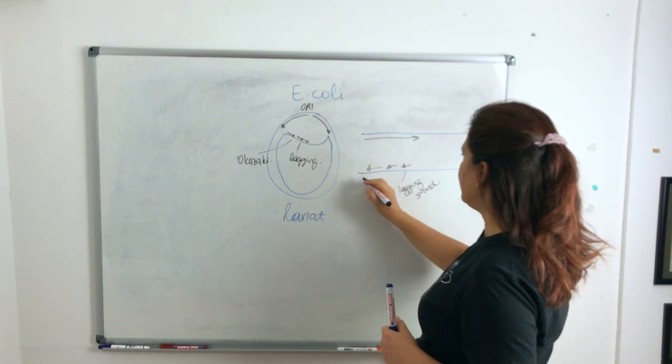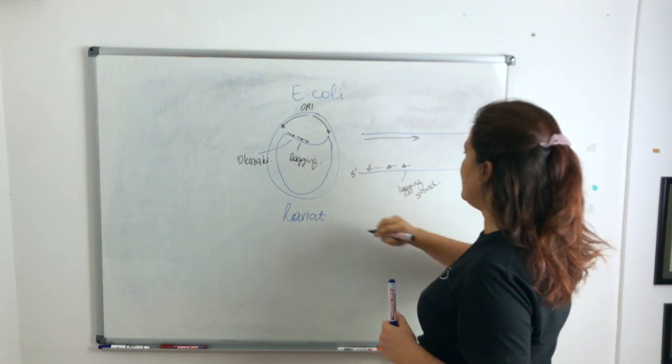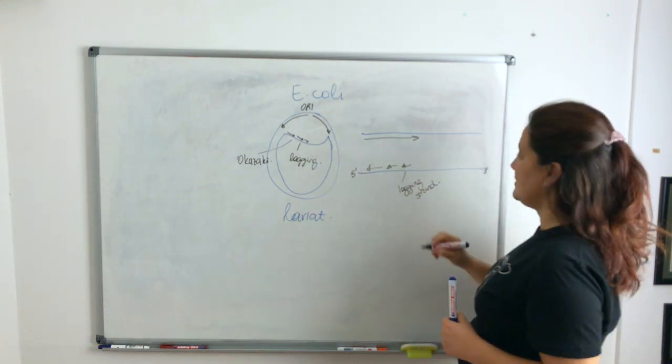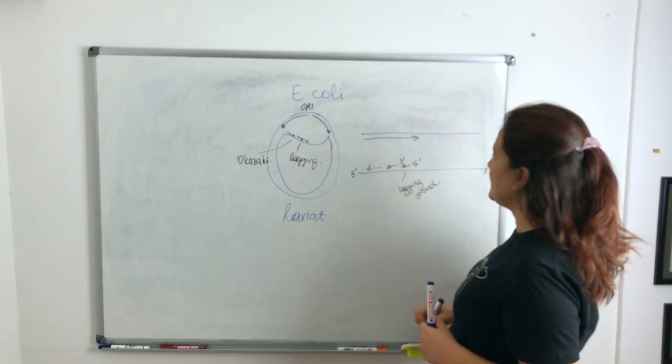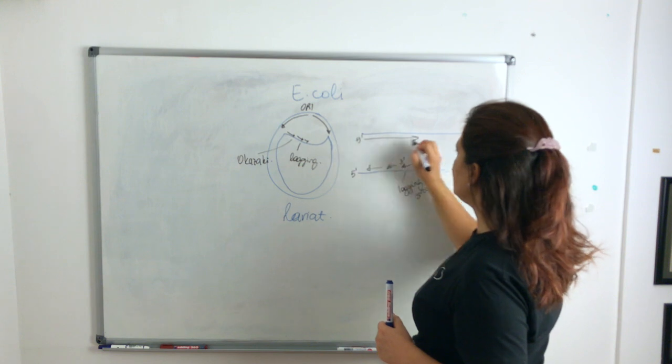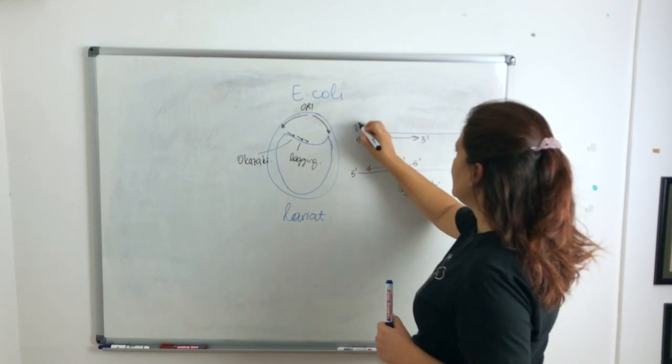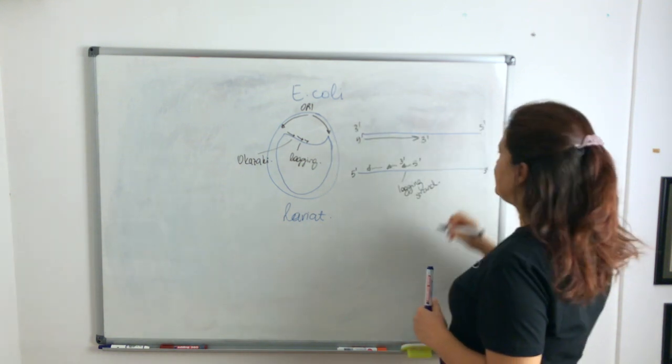So the directions would be 5' to 3' for this strand, and 5' to 3' for these Okazaki fragments, 5' to 3' for this one, 3' to 5' for this one.